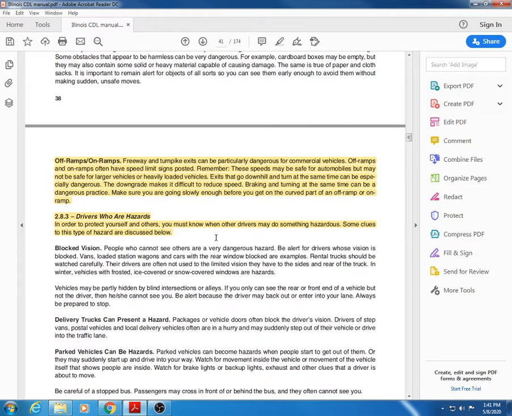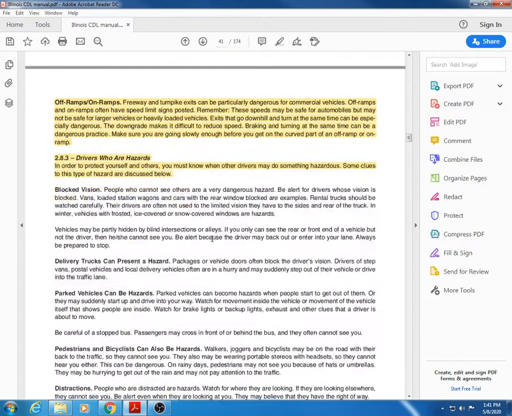Here's a good, a lot of examples where drivers can be hazards. So you always have to be aware of somebody who just went to the big box store, the Menards, the Lowe's, something like that, and they pick something up, right? And they don't know how to haul it very well, so they can't see behind them.